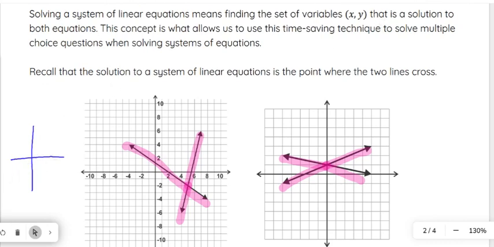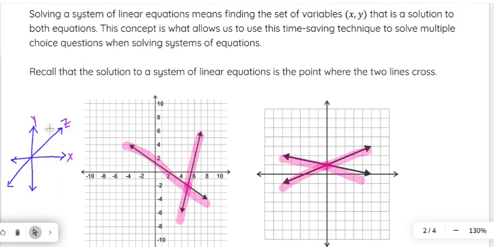All right, and then we're also going to look at 3-variable 3-equation systems. With those, we are technically looking at a 3-dimensional answer, so a 3-dimensional axis if I were to graph this: your x-axis, your y-axis, and your z-axis.